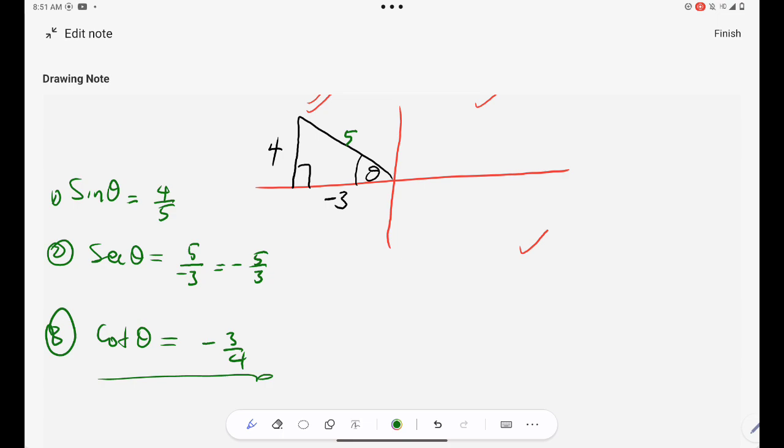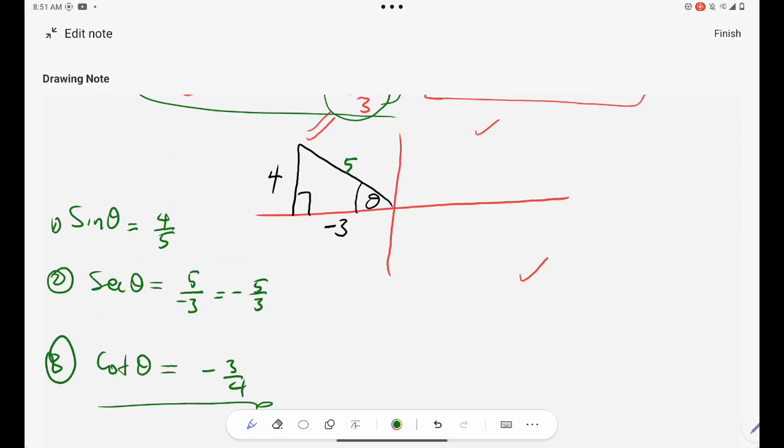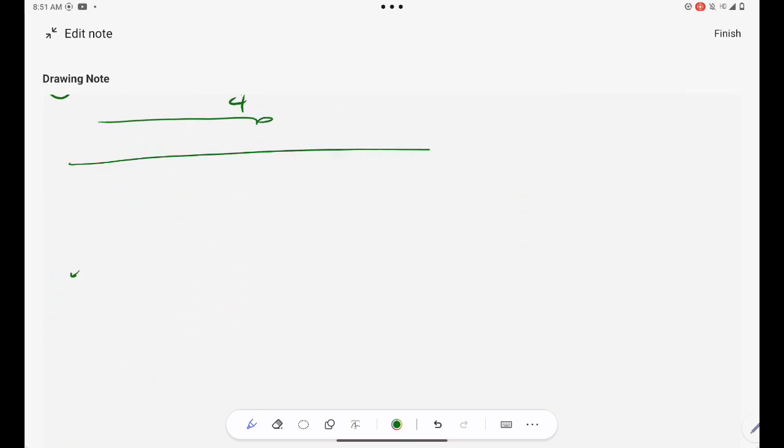This is basically what you need to know for the grade 10 work. Are you together? It can be given to you like this. Maybe we are told that sine of angle beta is equal to a positive 3 over 5.